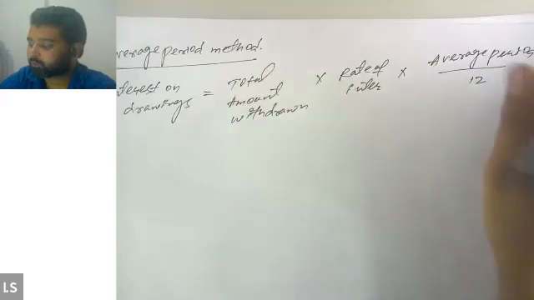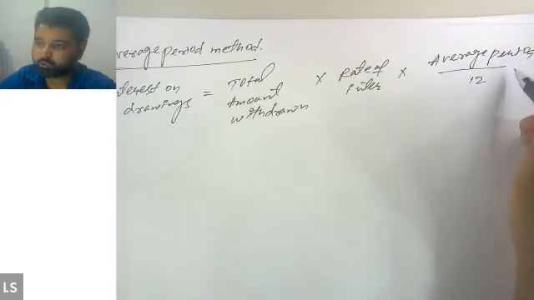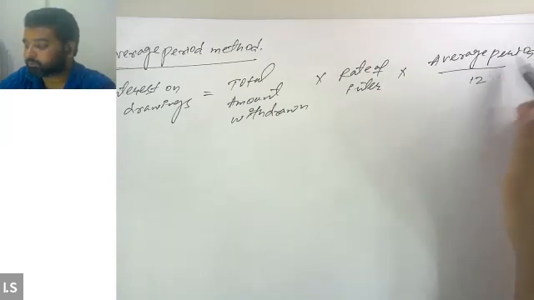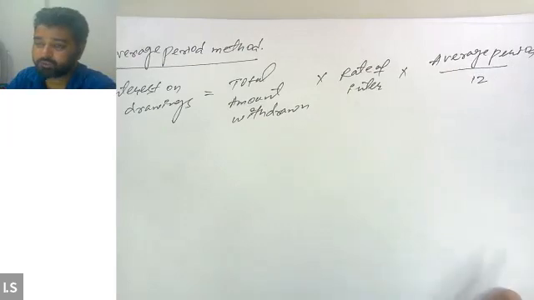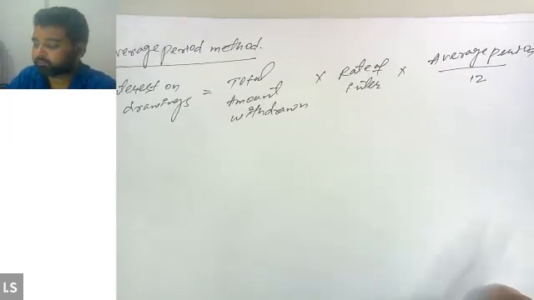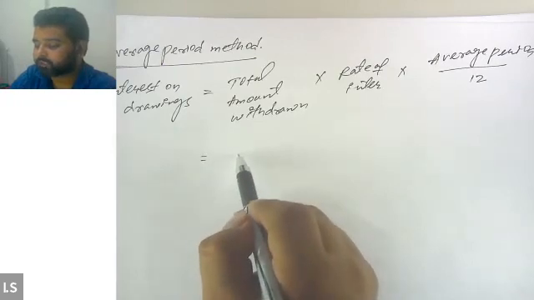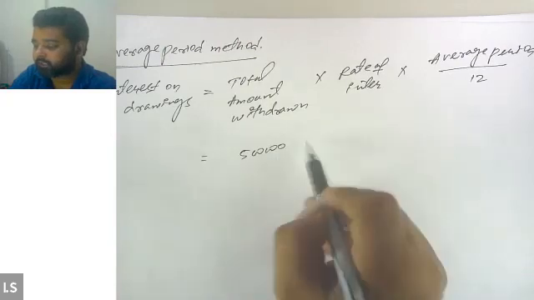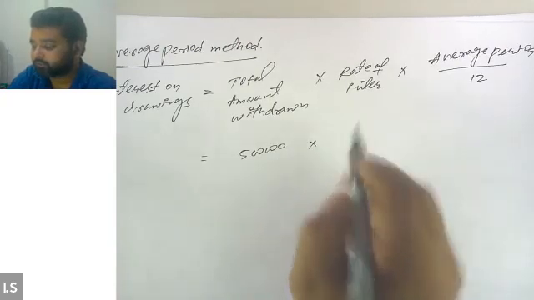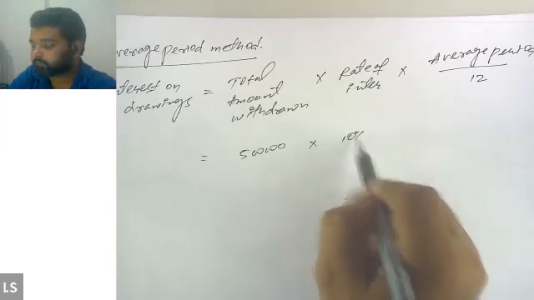Now we will talk about the calculation of average period. This might not be clear to all of you, what do you mean by average period? We will talk about how we calculate average period, but for the time being, let's take an example. Let's suppose the total amount withdrawn by the partner is 5 lakh, and the rate of interest decided among the partners was 10%.